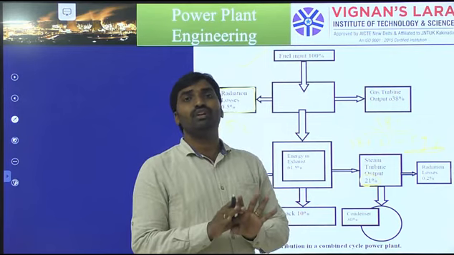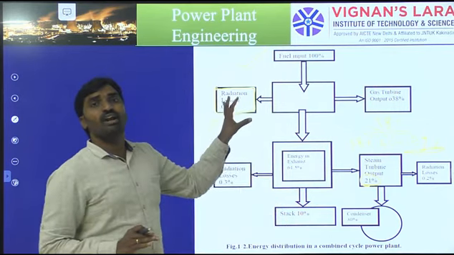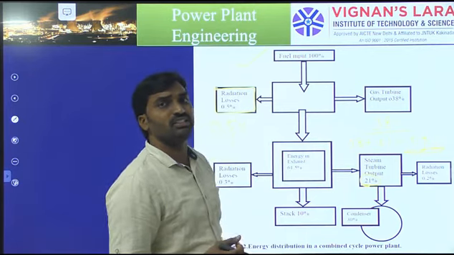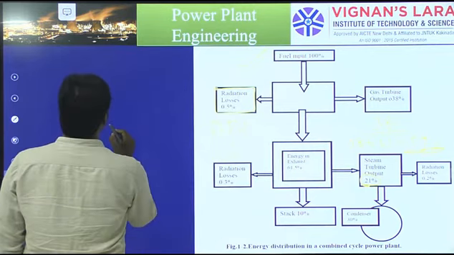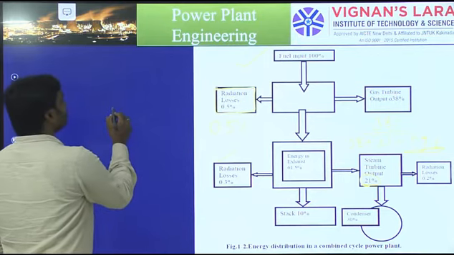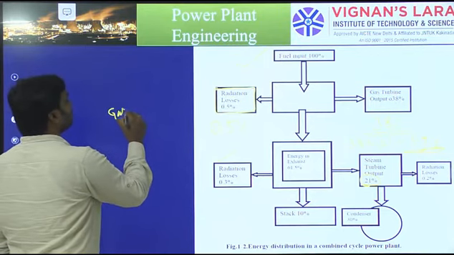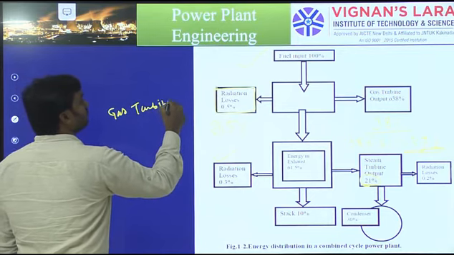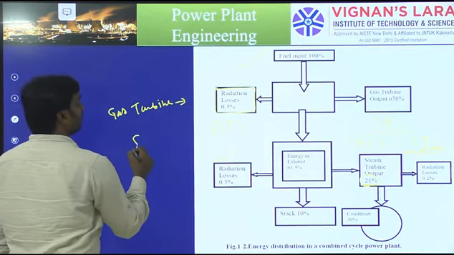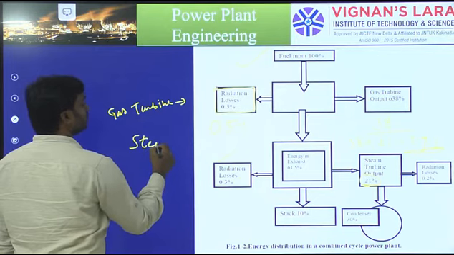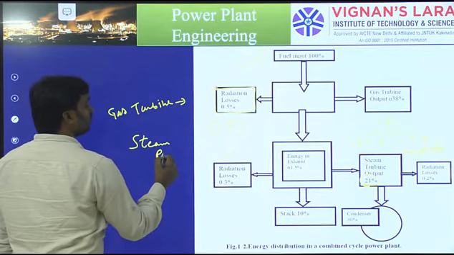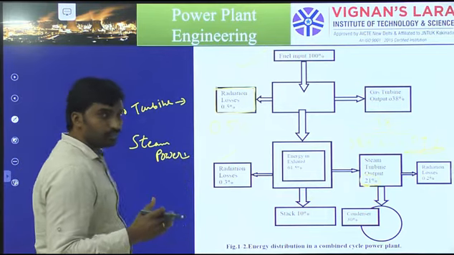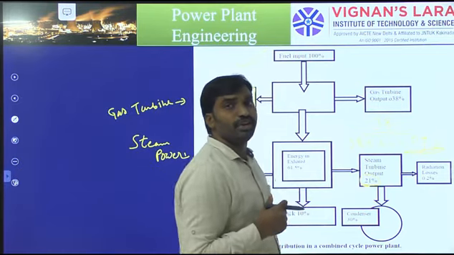The only fuel we use in the gas turbine power plant is used again in the steam power plant. So this is the combination of a gas turbine power plant with a steam power plant. This is a simple example of how much energy we are saving, or how much fuel we are utilizing in a proper way.